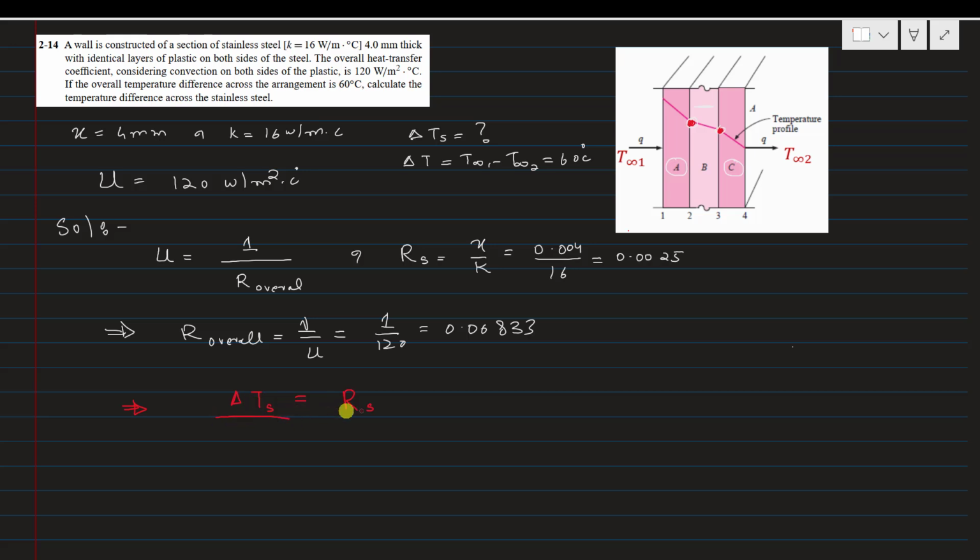We are solving this by the corresponding ratio concept. Now divide this resistance by the overall resistance, and the overall temperature difference, that is 60 centigrade, by the overall temperature difference.